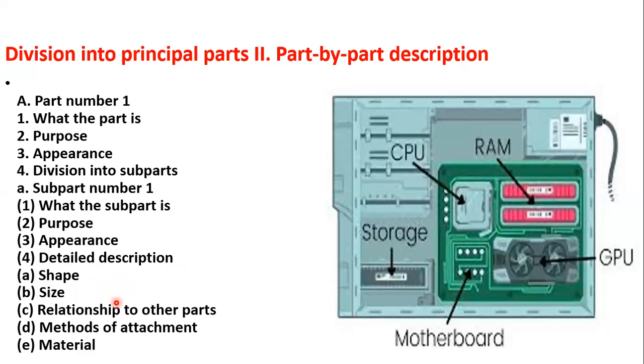Size, I mean of what size that portion is, and then the relationship to the other parts, that is, what the relationship of the storage with the other portions, RAM and others, is, and in what way they are attached. Either it is fixed with nuts, or it is connected with wires, and many things. Clear?